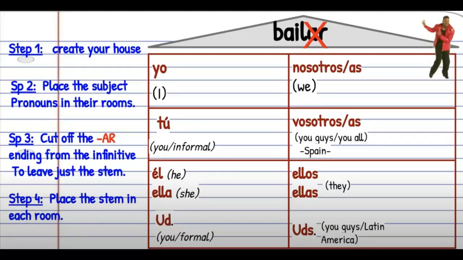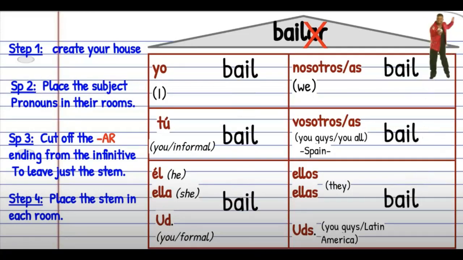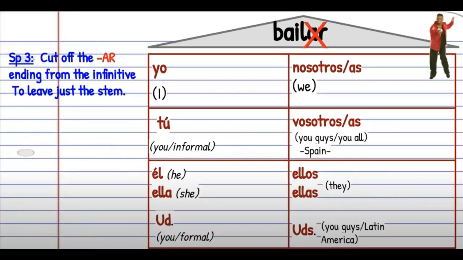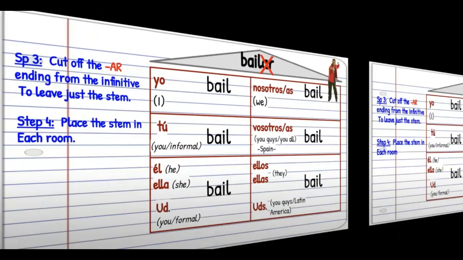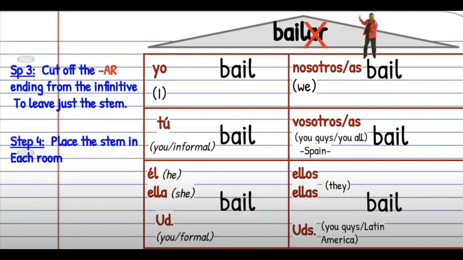And then your last step is going to be adding the endings. Okay, so I put that for all of them. Yo bail, tú bail, and now you're gonna place your different endings, the ones you memorized already.